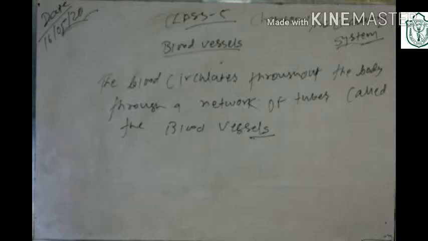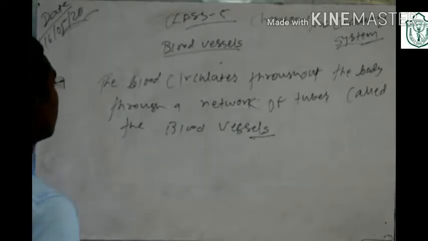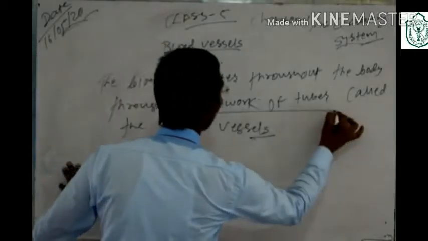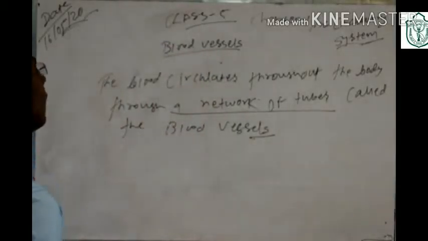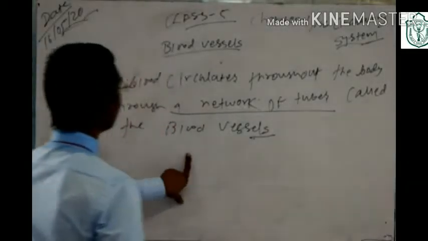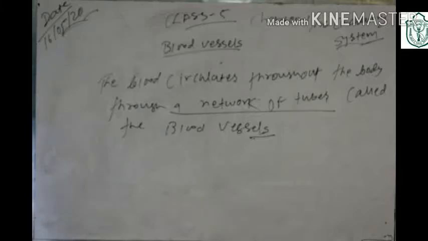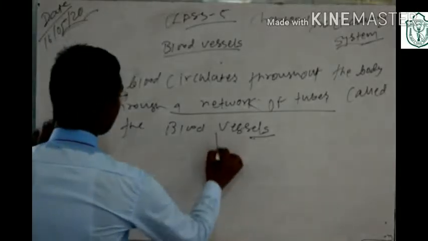So what is the definition? According to the definition, it is a network of tubes which circulate the blood throughout the body, and this type of network is known as blood vessels.